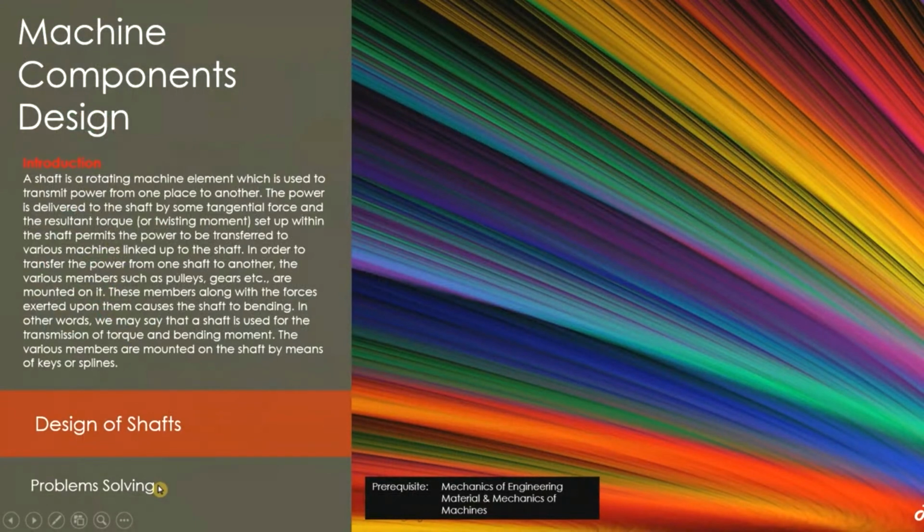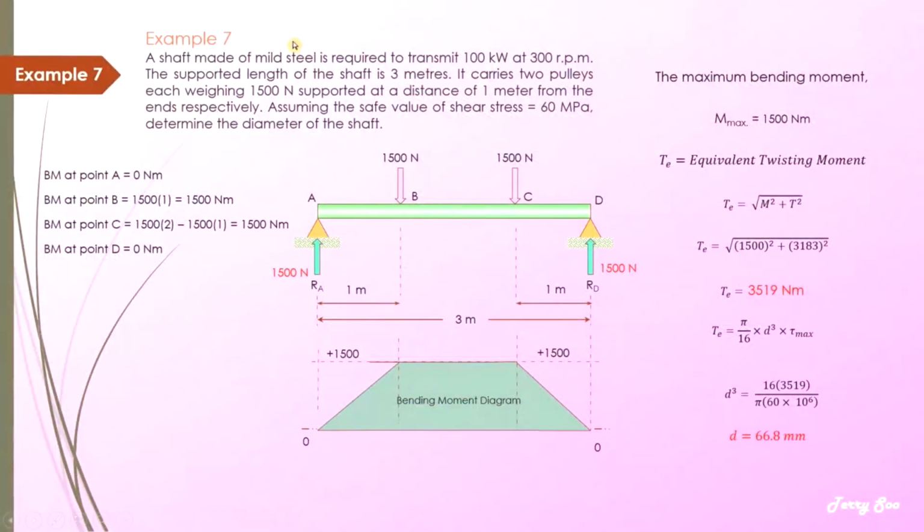Okay, problem solving due to combined bending and twisting. This will be the first example, example number 7. A shaft made of mild steel is required to transmit 100 kilowatt at 300 revolutions per minute.